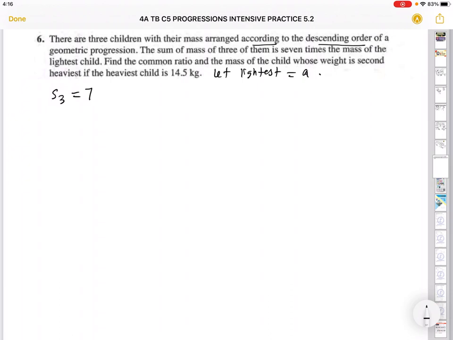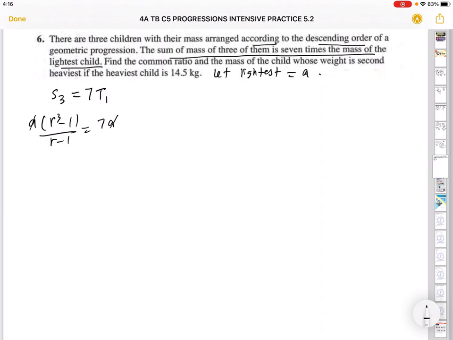If I were to use S3 equals 7T1, because they say the sum of the mass of the 3 of them is 7 times the mass of the lightest child, you will get A(R^3 minus 1) over (R minus 1) equals 7A. Now at this stage, can I cancel A and A? Can, because A can't be 0.